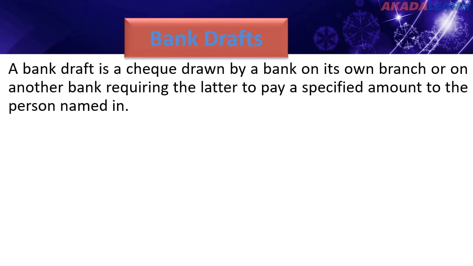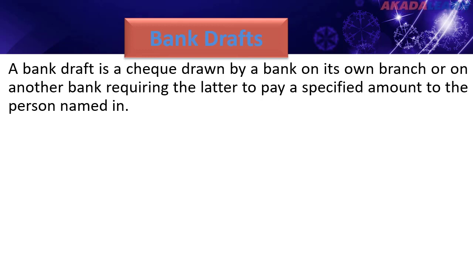Other forms of credit instrument are bank draft. A bank draft is a check drawn by a bank on its own branch or on another bank, requiring the latter, that is, the bank's branch or another bank, to pay a specific amount to the person named in the check.